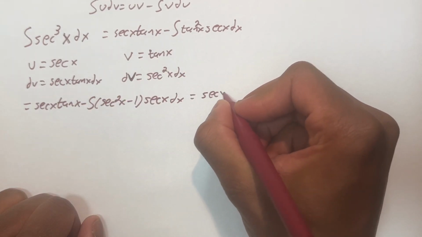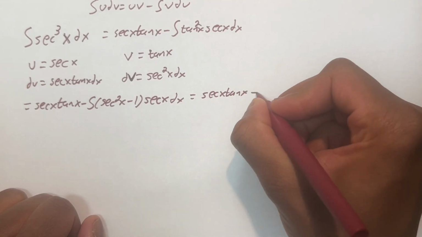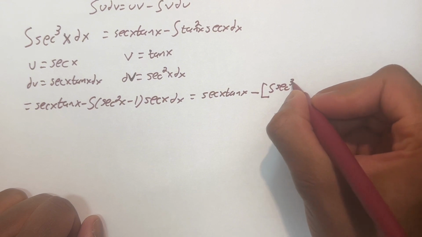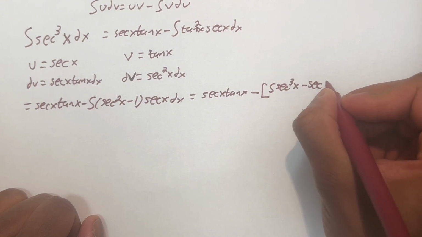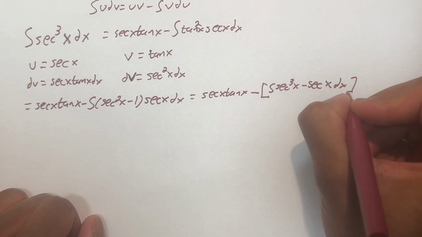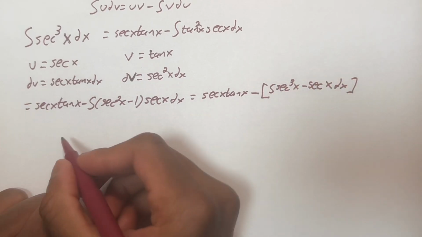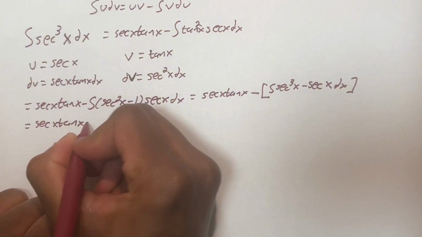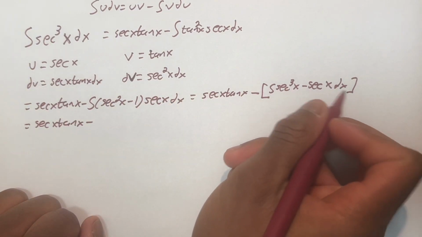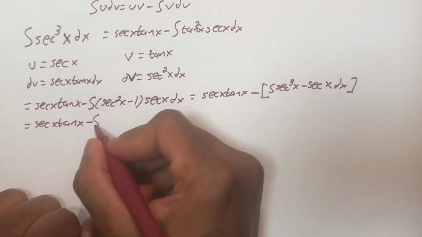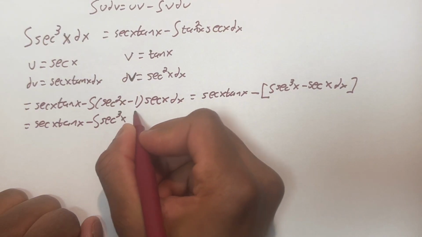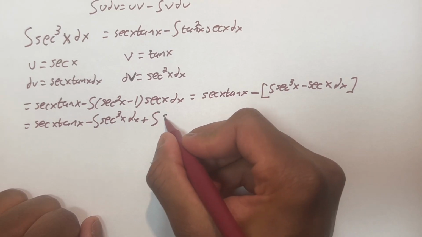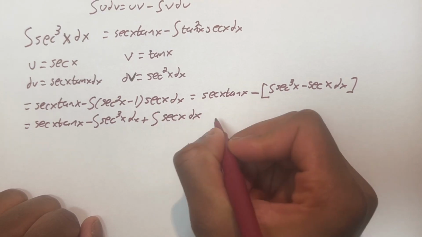Write that out, and let's distribute, and then distribute that negative sign, and then let's make these into two integrals. The first one is secant cubed x dx, and then these two minuses make plus integral secant x dx.